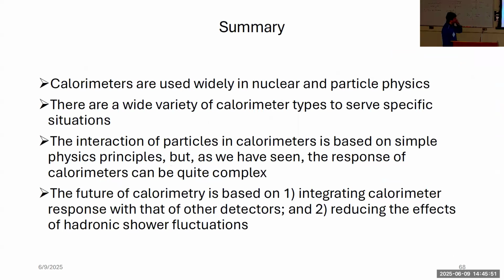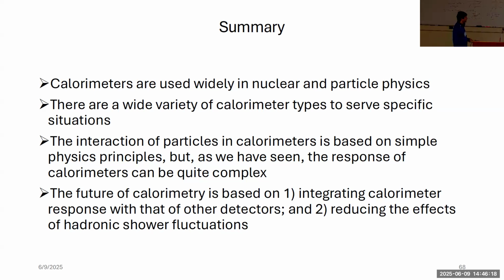To summarize, calorimeters are widely used in particle physics. And as we see, there's a wide variety of calorimeter types to serve different situations. While the underlying interactions between particles and matter are quite simple, the response of calorimeters, especially hadronic calorimeters, can be quite complex.